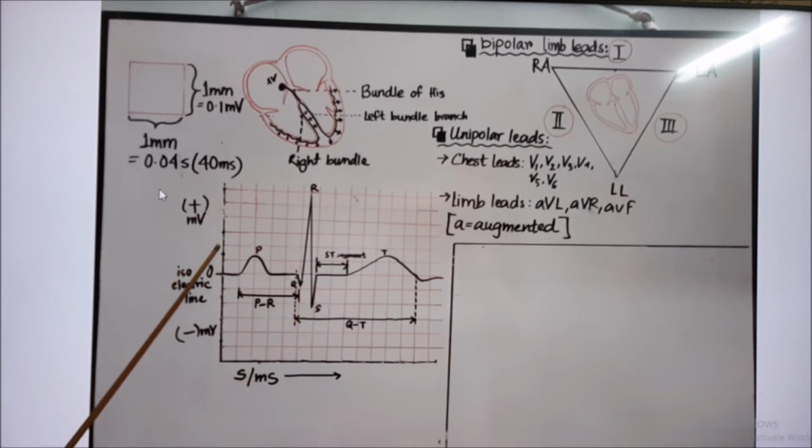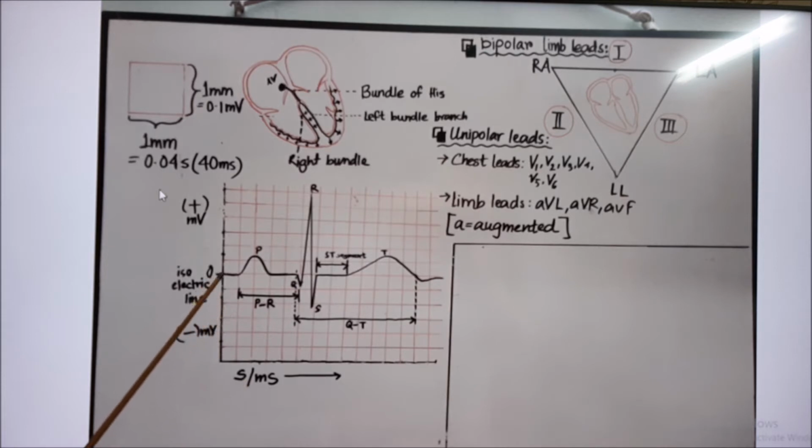This is the vertical line and this is the horizontal line. The vertical line denotes the ordinate or y-axis, and the horizontal line denotes the x-axis. The vertical line denotes the millivolt and the horizontal line denotes the millisecond or second.